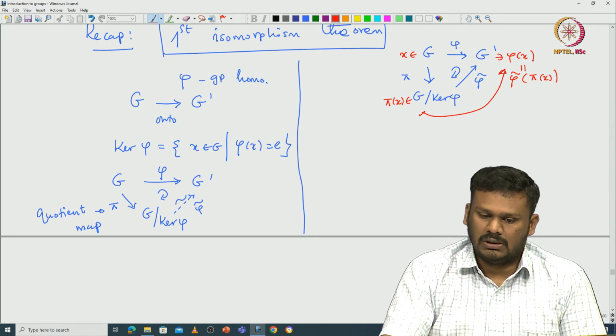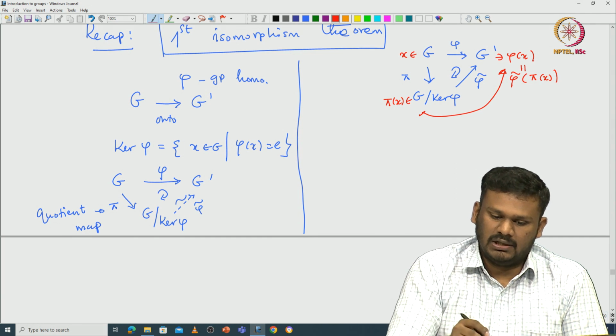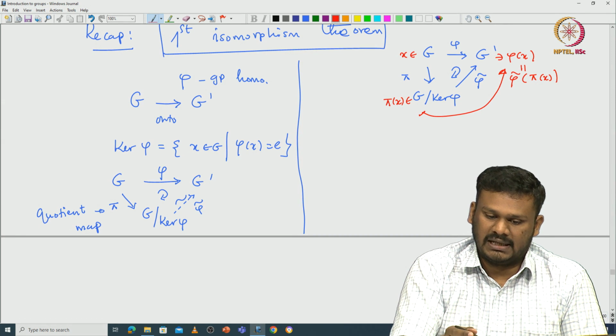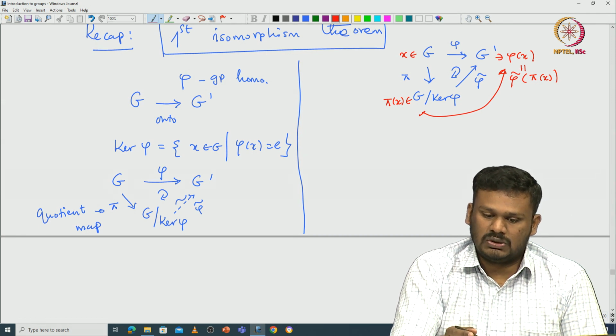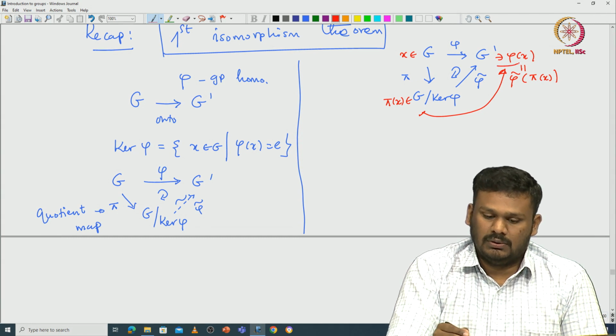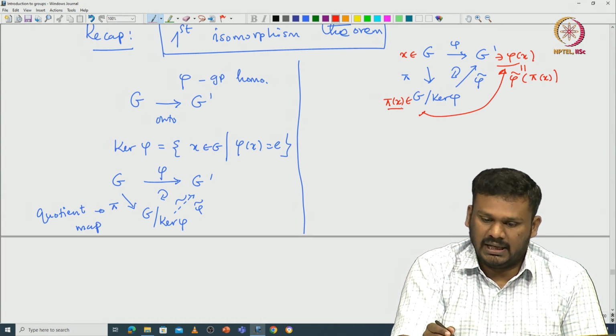In a more precise way, using the definition, if you look at the image of some given element x in G, there are two ways to look at it. One is to straight away look at the image under the map phi, which is phi of x. The other is to go to the image of x under pi, and then take phi tilde.